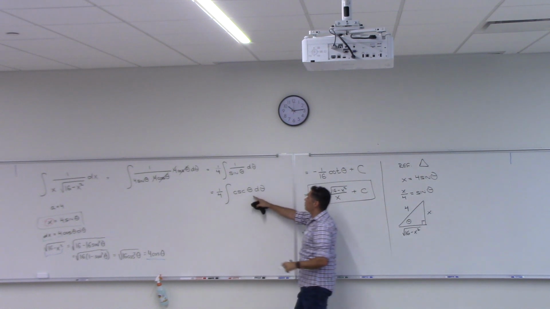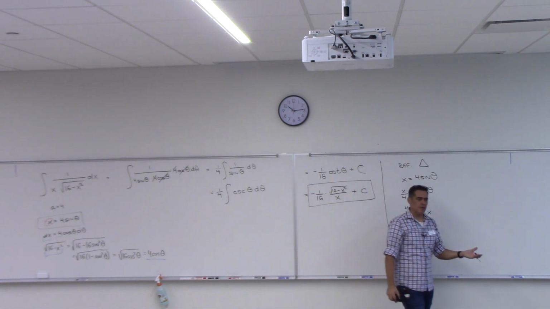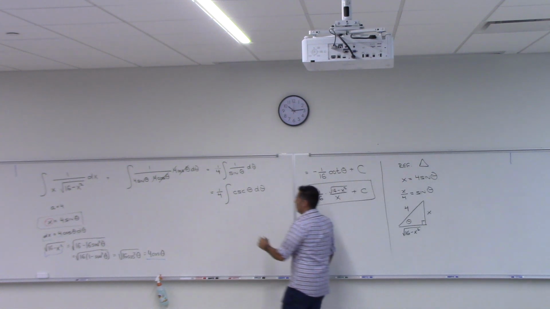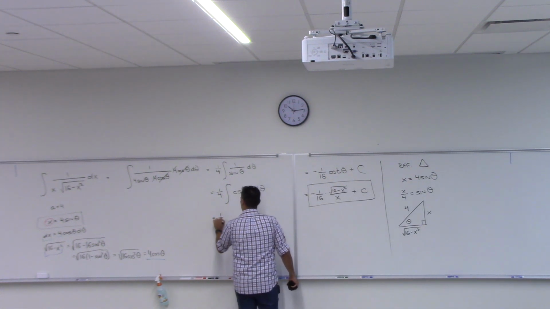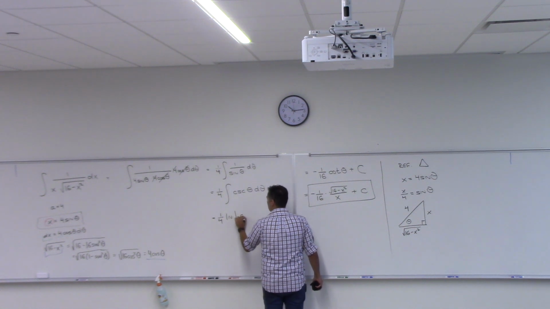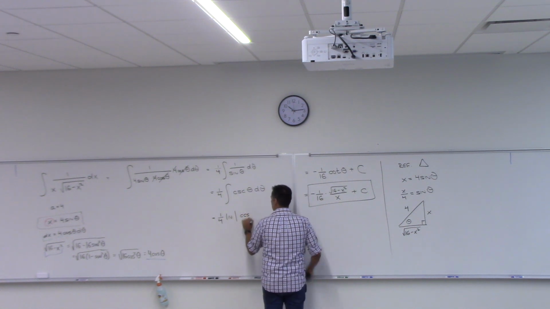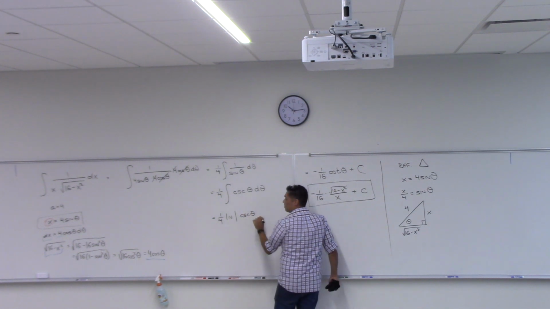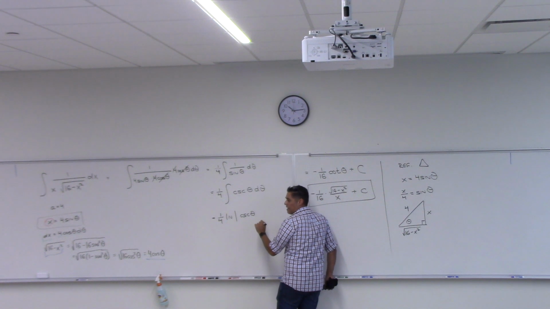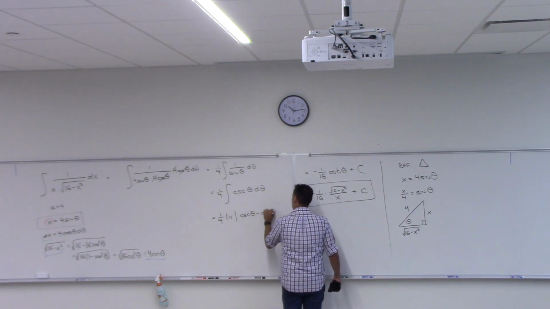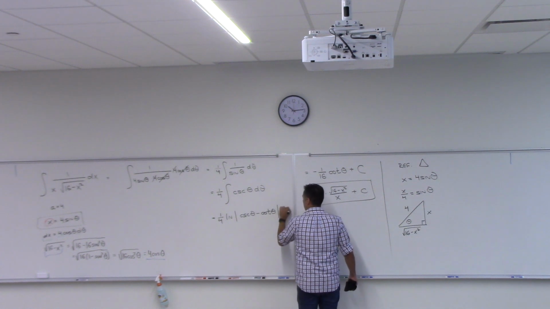The antiderivative of cosecant is different than the antiderivative of cosecant squared. What is it according to your formula sheets? So natural log of the absolute value of cosecant theta, minus cotangent theta, plus c.